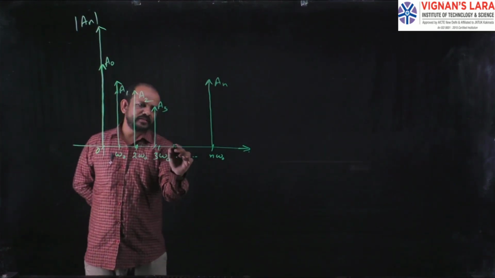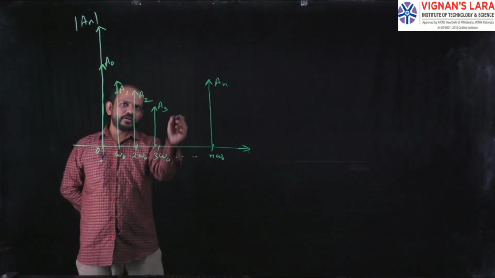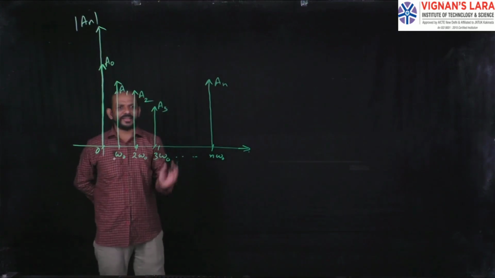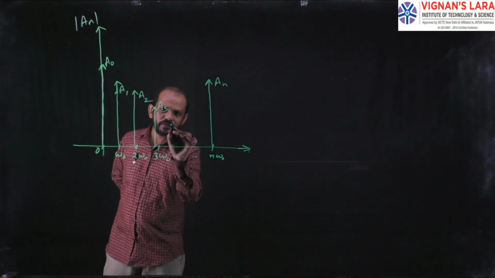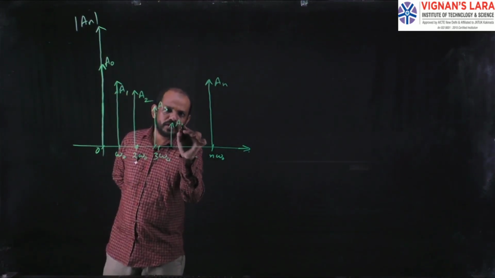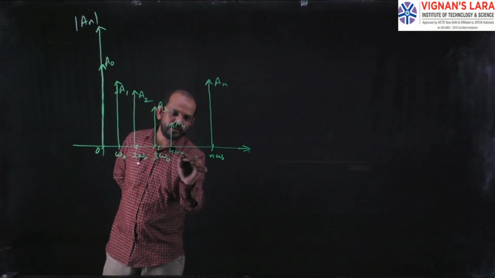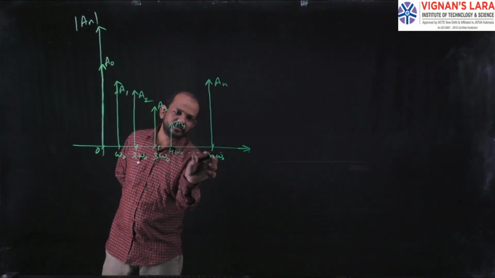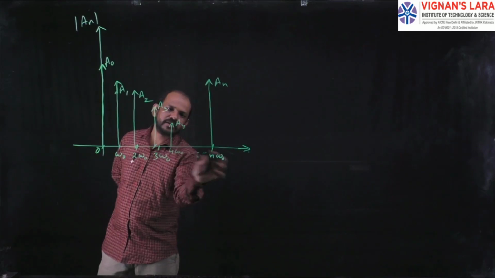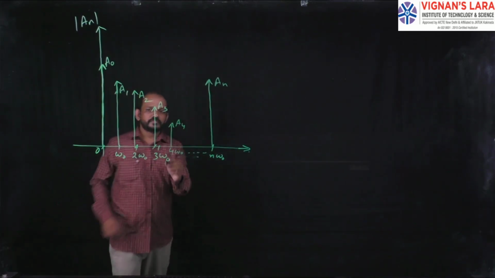So you can write like this also. Even at 4 omega naught we get a4, whatever it may be. The values go on like that. Okay, simple.